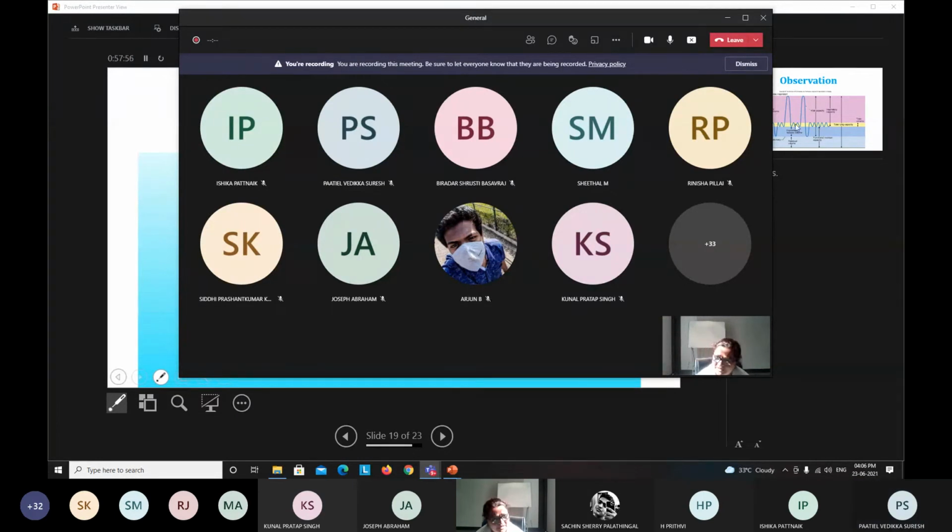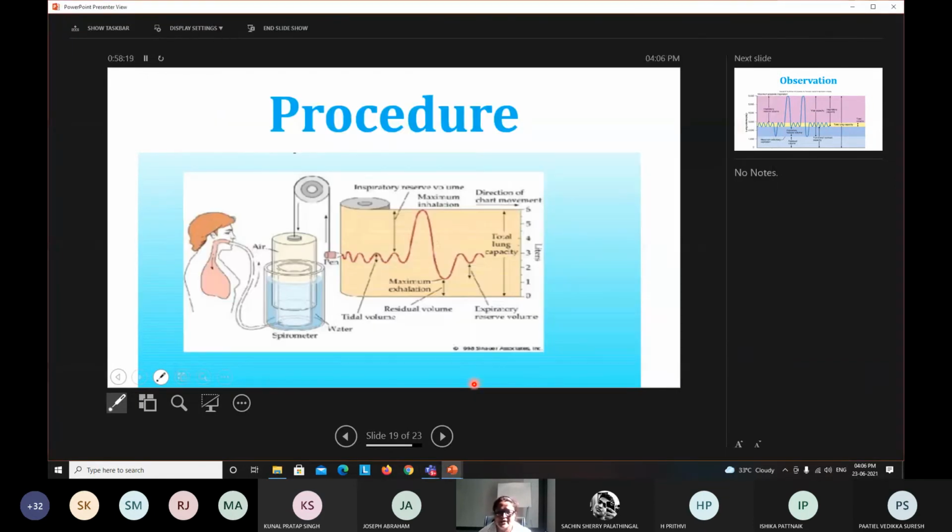Because the residual volume is required to calculate total lung capacity, and which is another one? Functional residual capacity. So those three things we cannot measure using recording spirometry. All right.